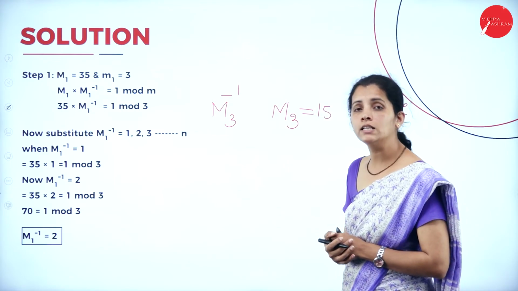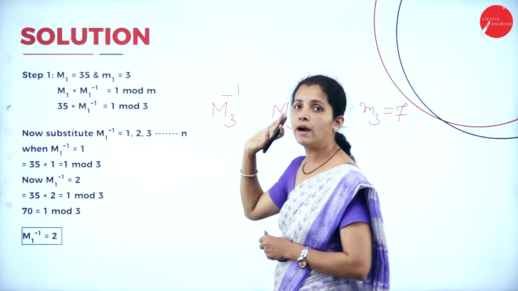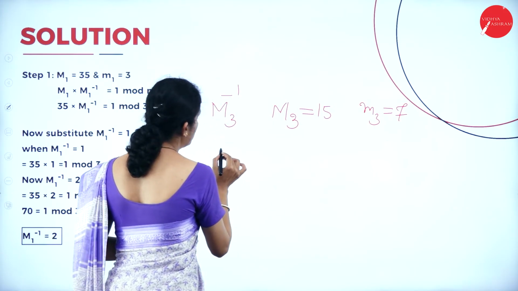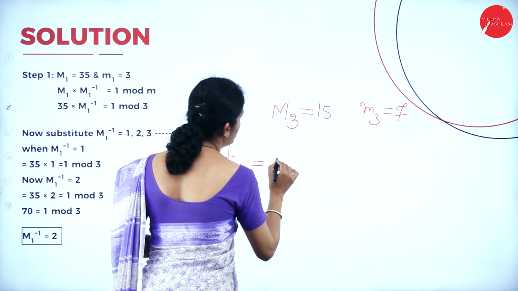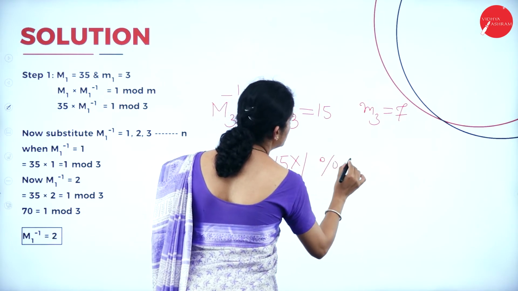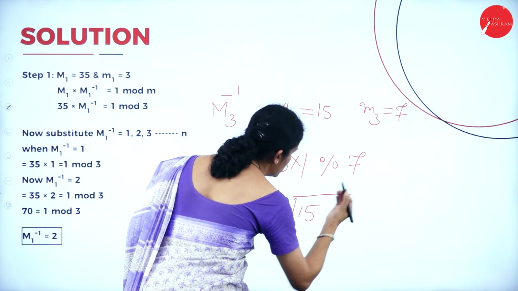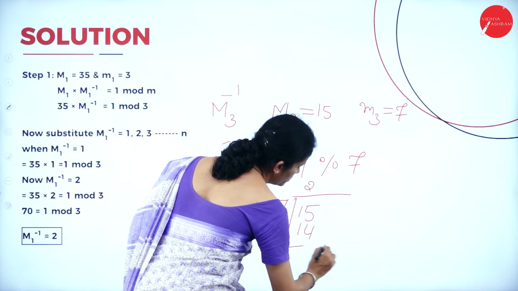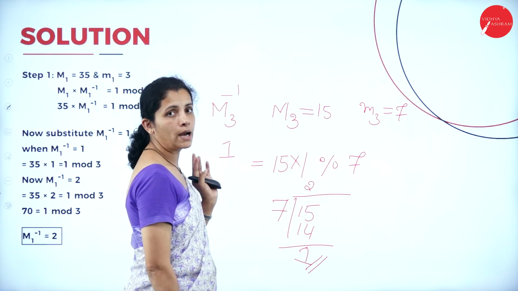And I'm going to start substituting values for M3 inverse, and my value starts from 1, 2, 3 up to n. Initially I'm going to substitute 1. Now 15 into 1 mod 7. So I'm going to get 15 divided by 7. 7 2s are 14. So what is my remainder? It is 1. So it is a co-prime number.